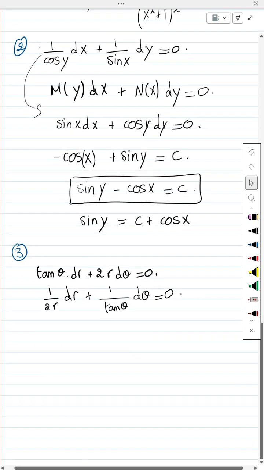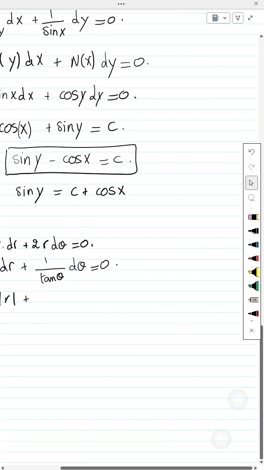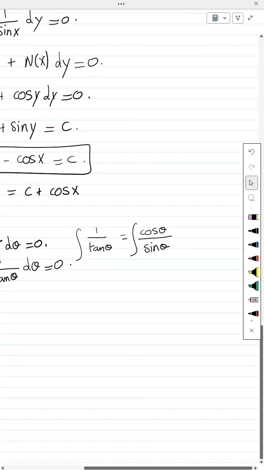Now by integrating both sides, what will we get? We will get 1 over 2 ln absolute value of r plus the integration. As you can see, 1 over tangent theta is cosine theta over sine theta, and the cosine is the derivative of sine, so we will get ln sine theta plus c.